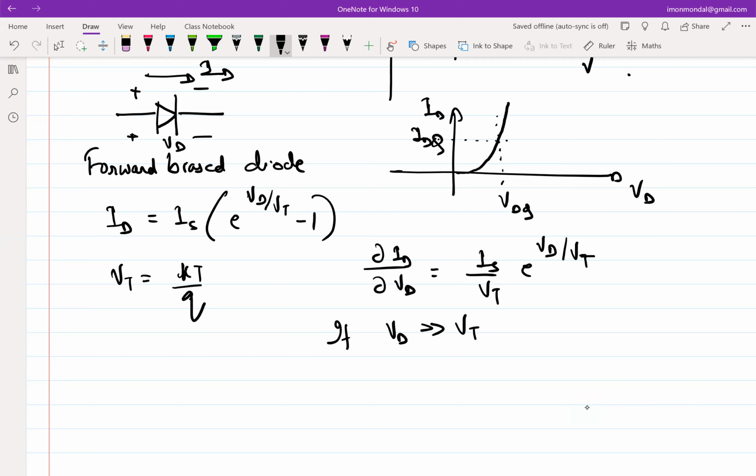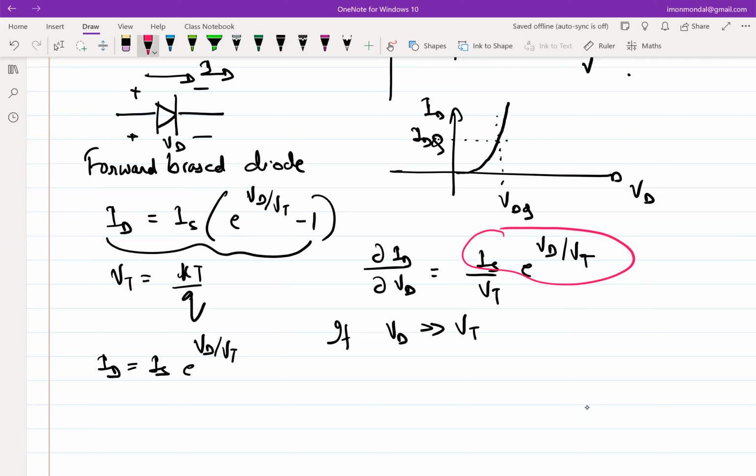Then what can I approximate this characteristic as? Then I can drop that -1. I can assume this to be IS e power VD over VT. So then this becomes ID.